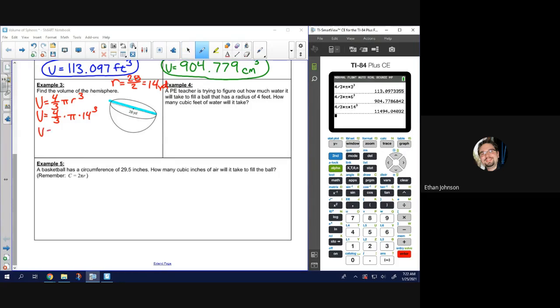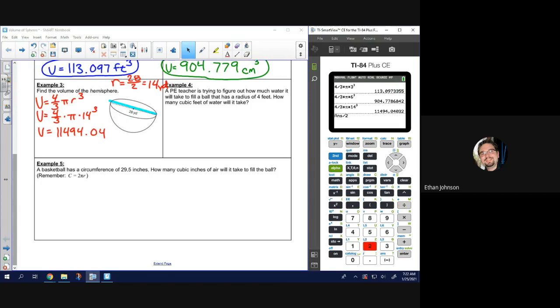We get V equals 11,494.04. But we want half of this because, well, it's a hemisphere. So I'm just going to hit divide 2.